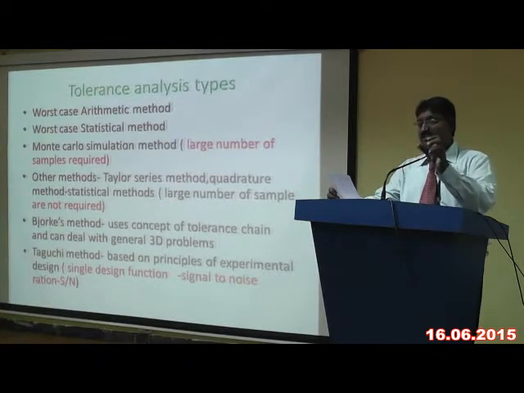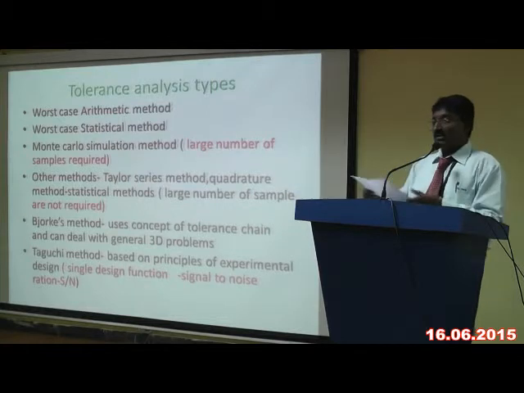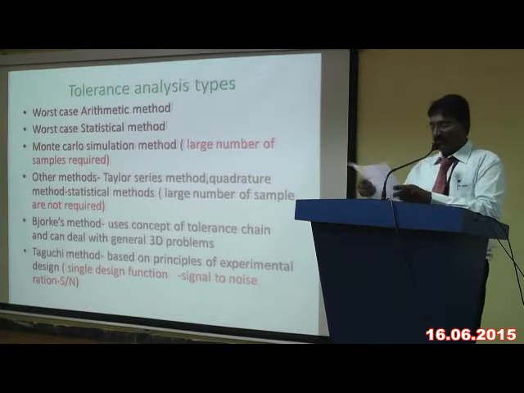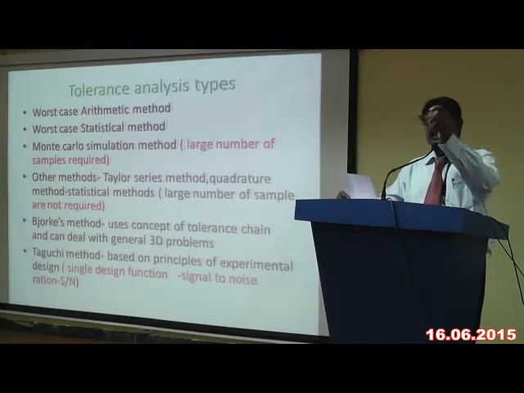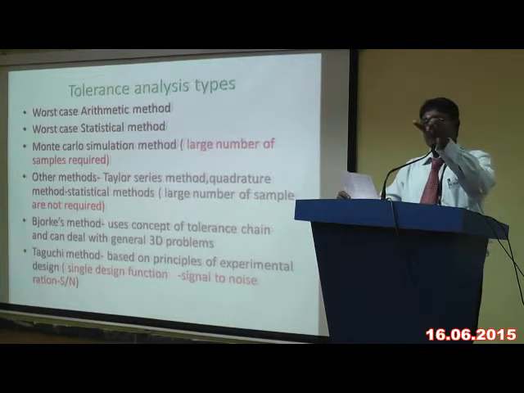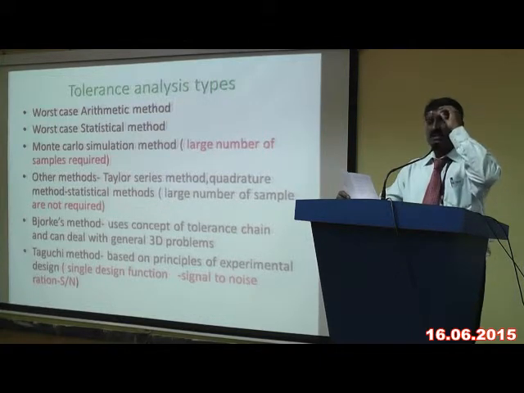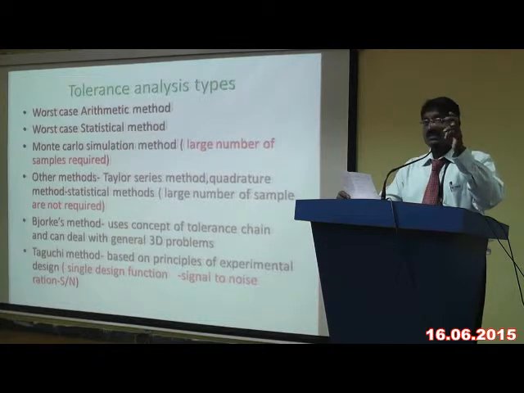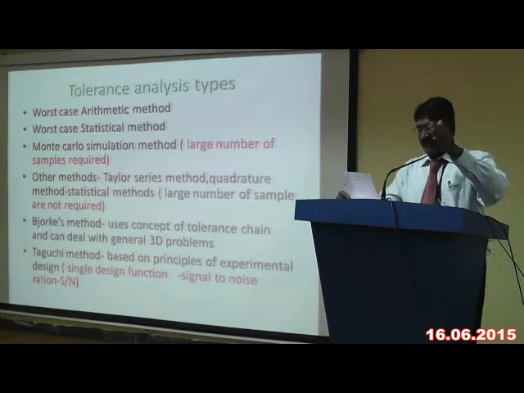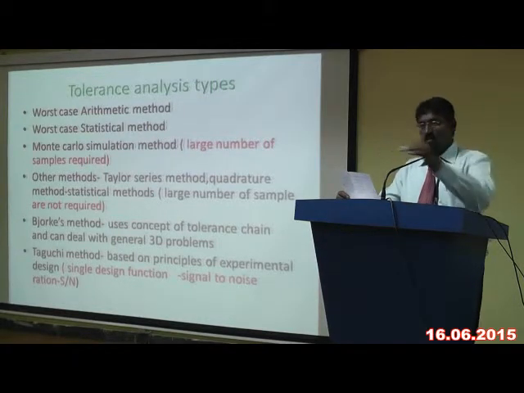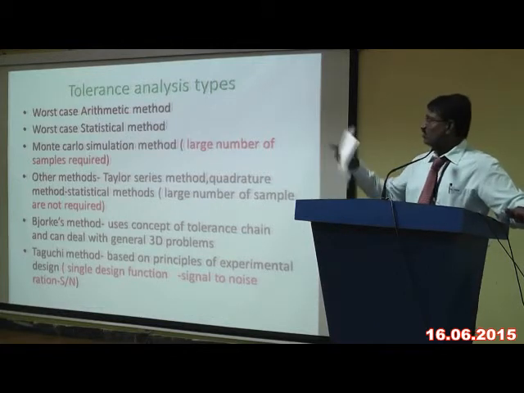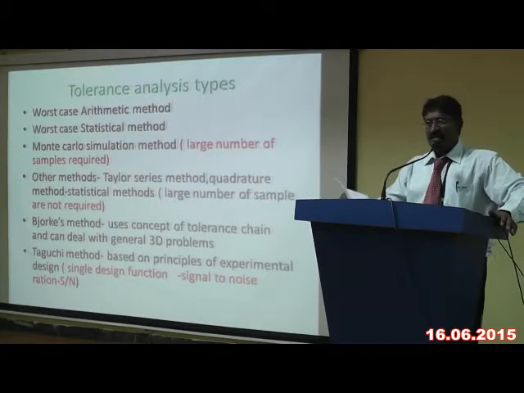Then Tf, that is the tolerance on F. That is Fmax minus Fmin. And what is TUF, that is the upper tolerance on F? What is the upper tolerance? And TLF, what is the lower tolerance? So all these things we have to find out in the arithmetic method.